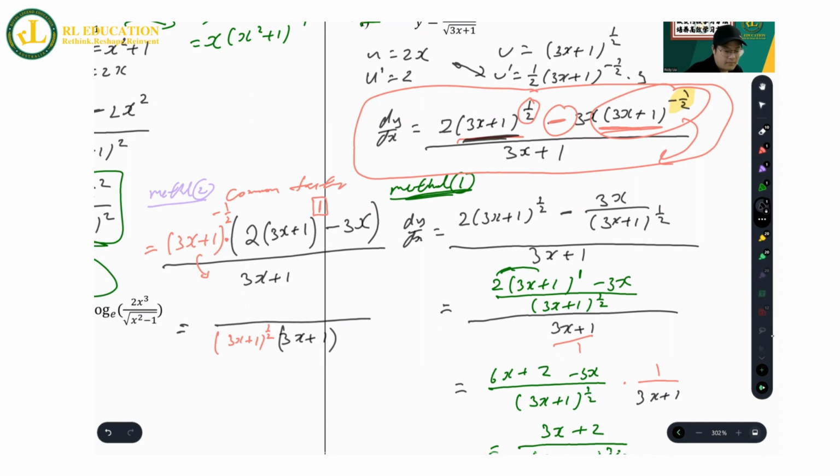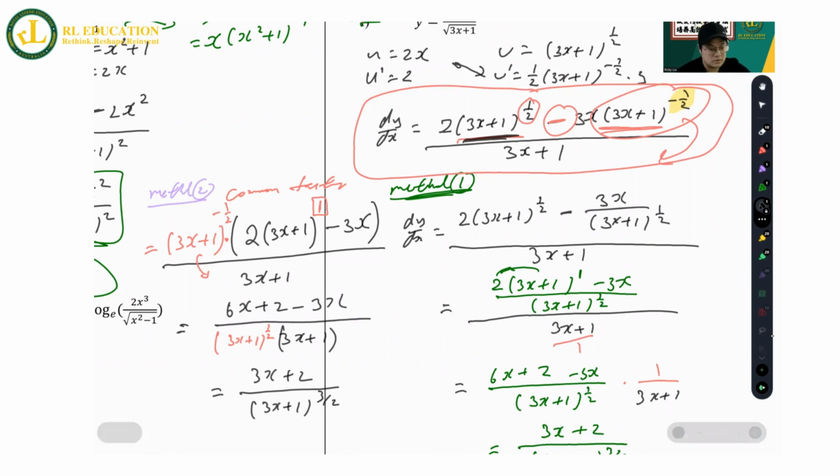And then the leftover on top, 6x plus 2, take out 3x. So same answer: 3x plus 2 over 3x plus 1 to the power of 3. You understand what I'm talking about?